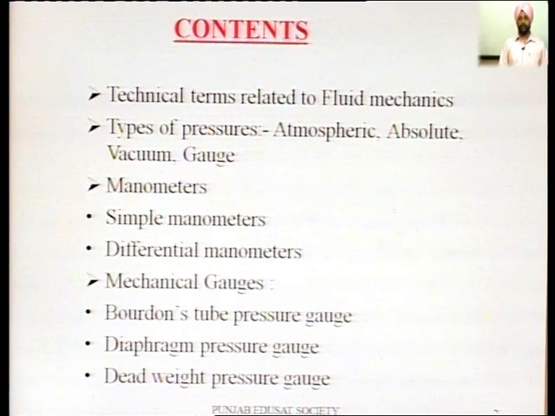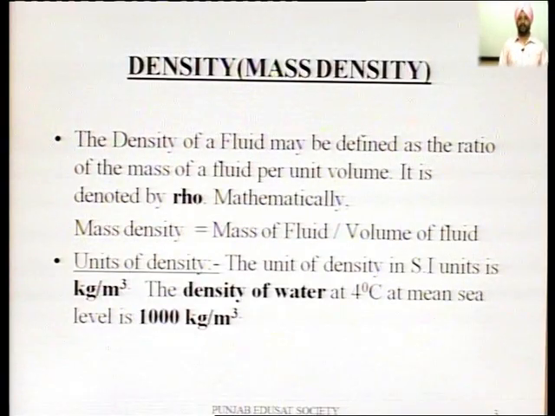So before moving to the measurement of pressure, we will discuss some basic terms in fluid mechanics, starting with the density, which we also call the mass density. The density of a fluid may be defined as the ratio of the mass of a fluid per unit volume.